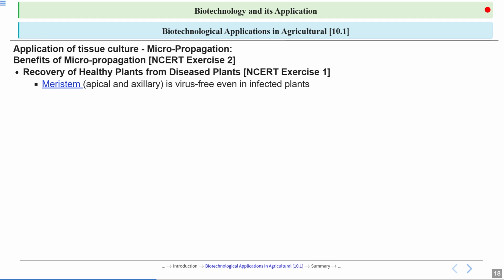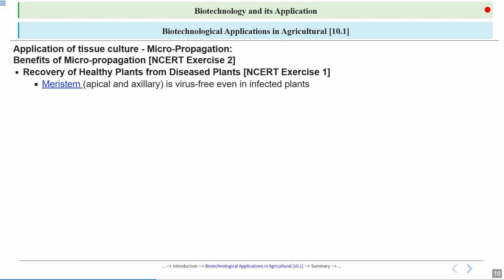How does it happen? Using meristem. The apical and axillary meristem is virus free even in infected plants, because the meristem is a dividing part of the plant. It continuously divides, so it is free from virus even in the infected plant.